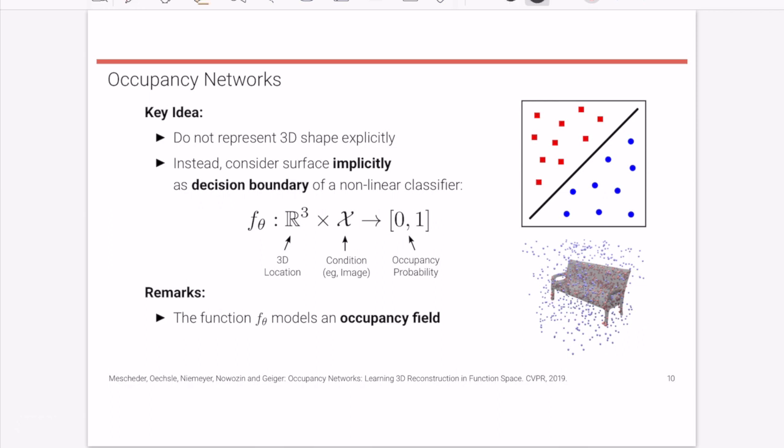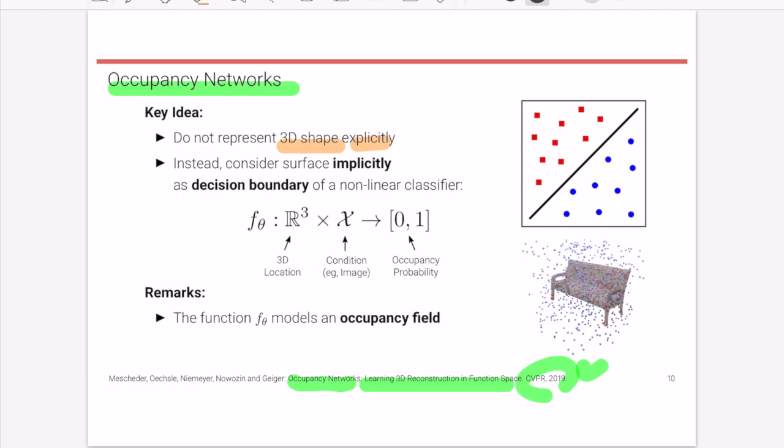One of the popularly used implicit functions in the 3D field was the occupancy network. The occupancy network was proposed in the paper Occupancy Networks: Learning 3D Reconstruction in Function Space, at CVPR 2019. The key idea was that it does not represent the 3D shape explicitly.